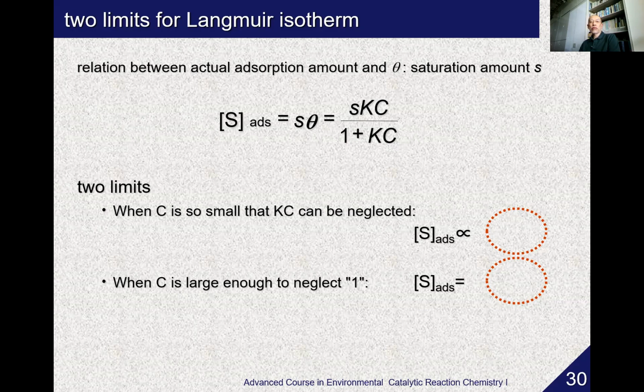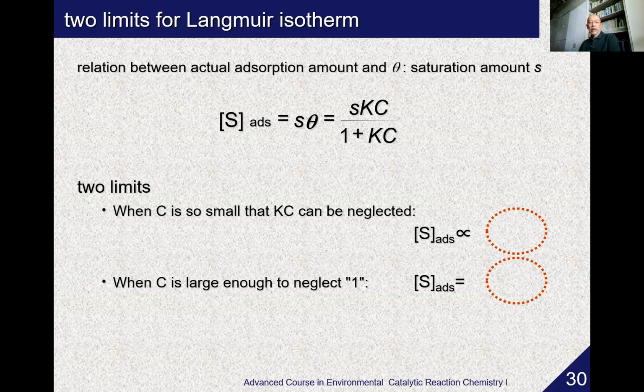Small s is the saturation amount of S. That is, if all the adsorption sites accept adsorbate, that is s. So s is the total density or amount of adsorption sites.